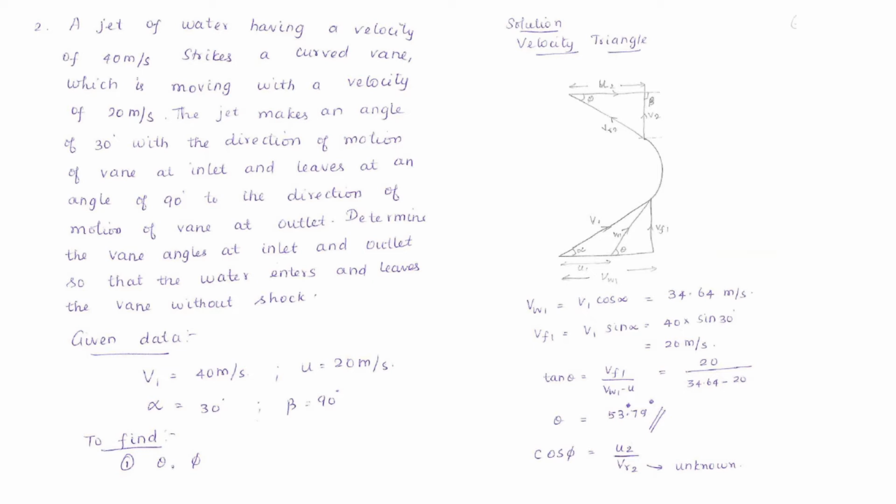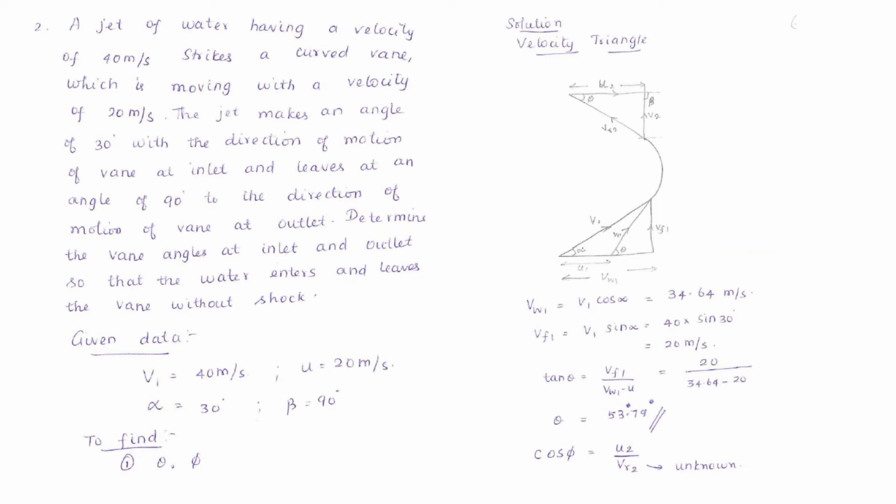So it is leaving the vane at 90 degree. So beta is equal to 90 degree. Clear? So given data is V1 is equal to 40 meter per second, U is equal to 20 meter per second, alpha is equal to 30 degree, and beta is equal to 90 degree.